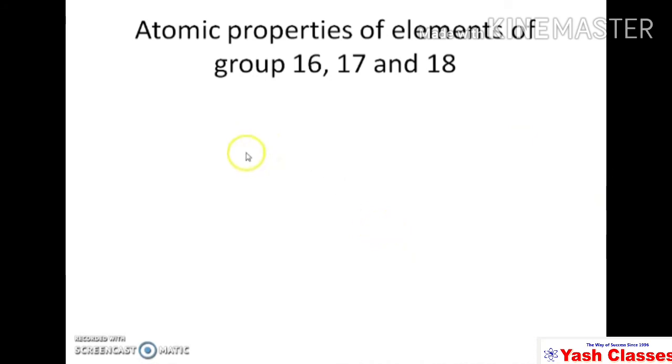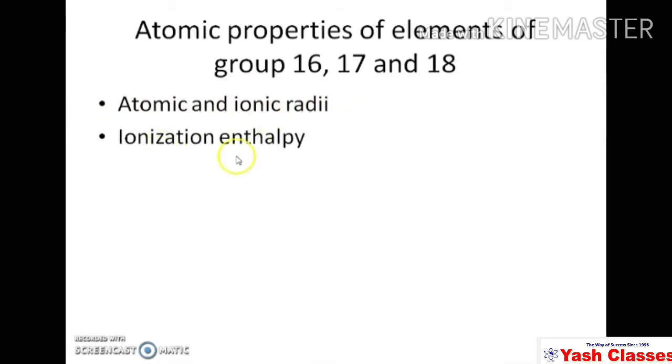Then the next point is the atomic properties of elements of group number 16, 17 and 18. One by one we are going to discuss what atomic and ionic radii are and their trend in the periodic table, then what ionization enthalpy is and its trend in the periodic table.